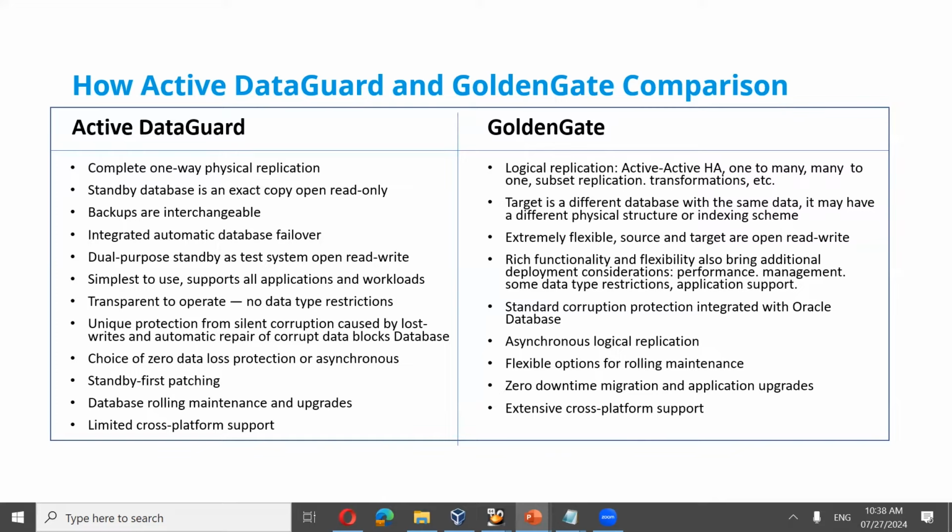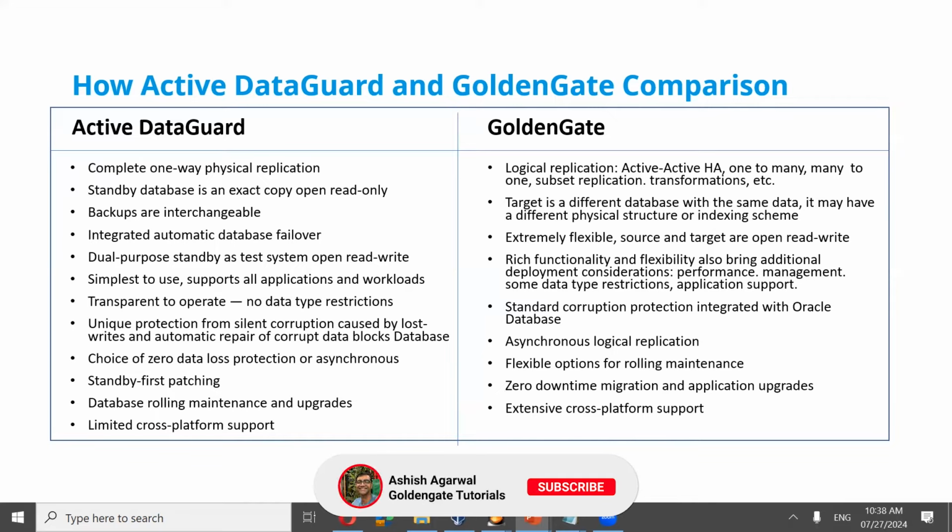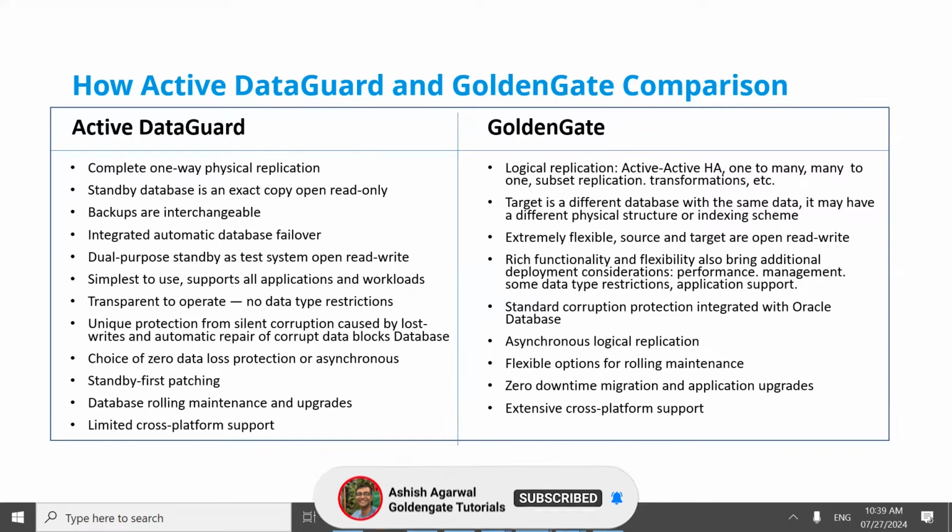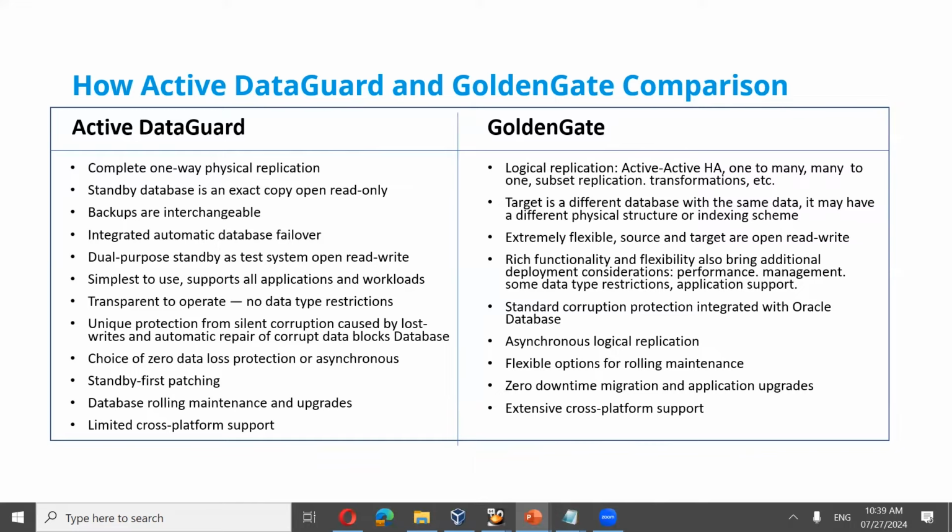But let me tell you, until Golden Gate version 12.2, corruption used to be a common phenomenon in Golden Gate. From version 12.3 onward, Golden Gate is more robust. Another thing is, it's a costly product. Oracle charges for it, and data is everything for an organization. If any corruption or data issue comes, Oracle is bound to pay a penalty also.